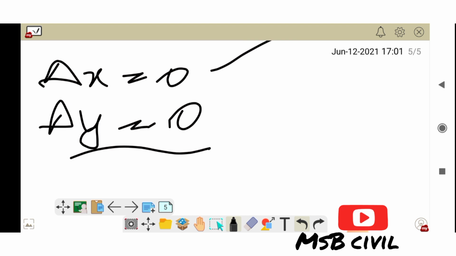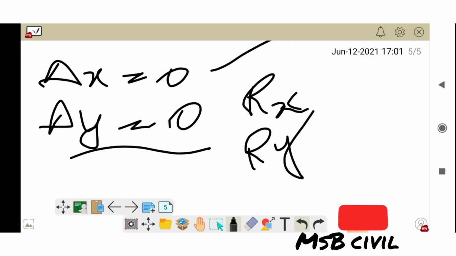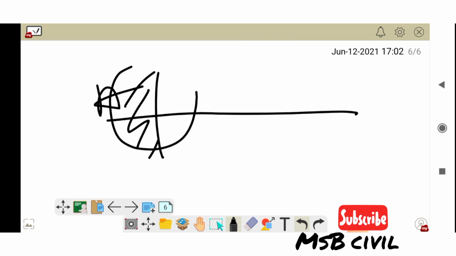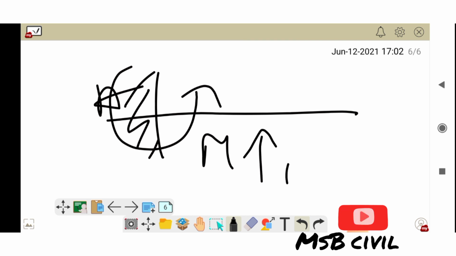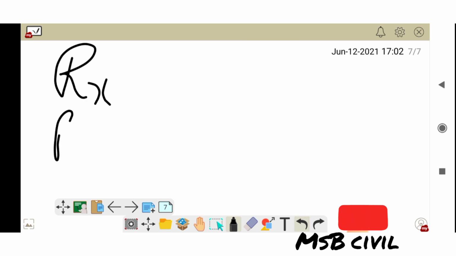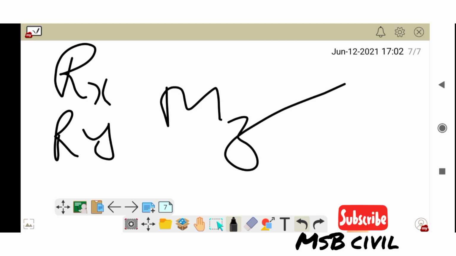In fixed support there are three reactions: a horizontal reaction, a vertical reaction, and a moment acting at point A. Here is point A, and the moment acts in this direction, with vertical force Ry and horizontal force Rx. The support reactions are Rx, Ry and Mz. This is about fixed support reactions.